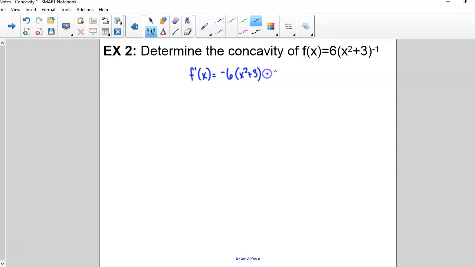Almost. It's going to be x squared plus 3 to what power? Negative 2. Make sure you remember to do that. And so let's clean that up a little bit before we take the second derivative. This would be negative 12x over x squared plus 3 squared.